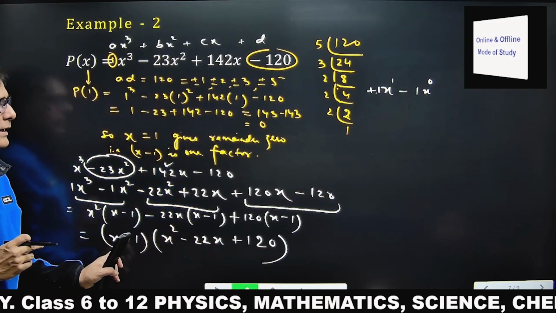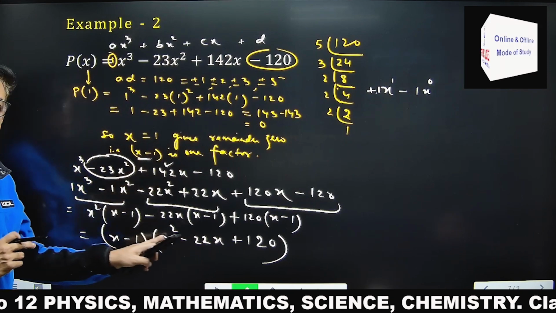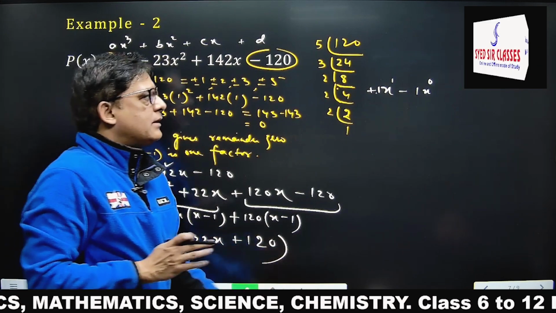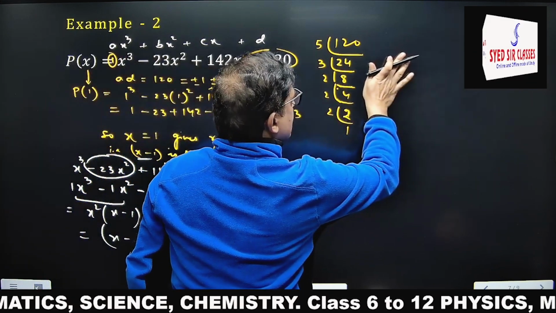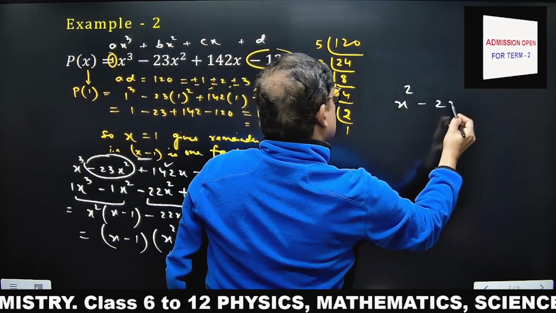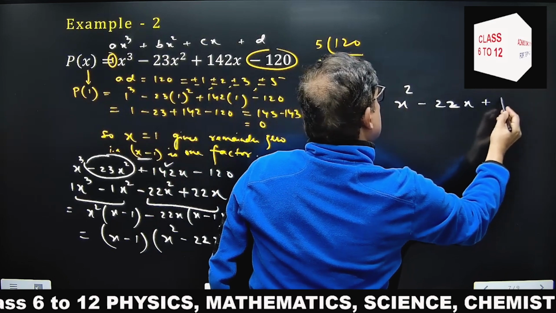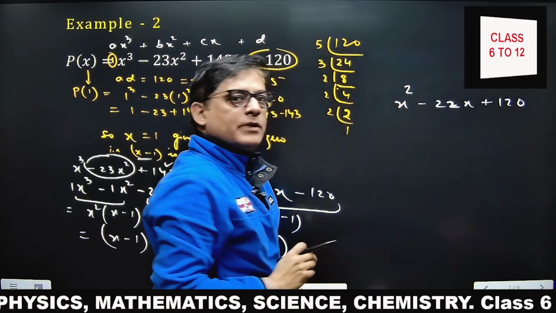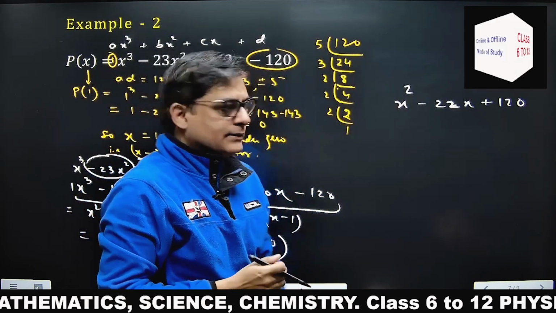One linear factor was already with me. The second, the quadratic, I need to factorize now. I need to factorize x square minus 22x plus 120 to get the other two linear factors.